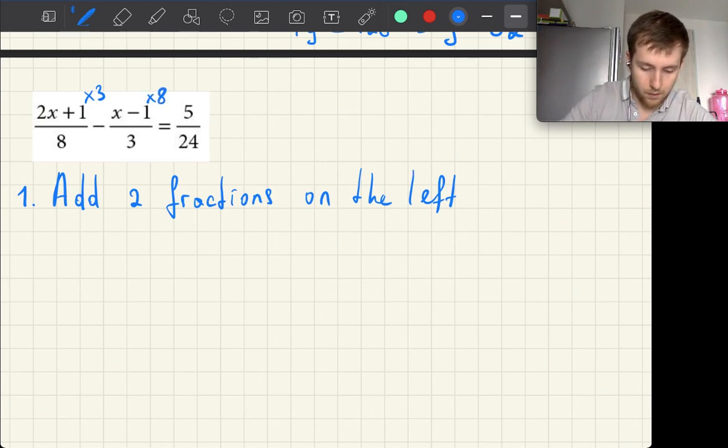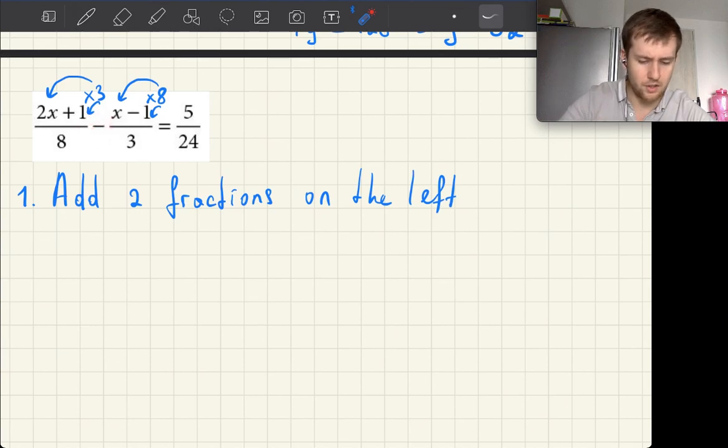So we're going to have 3 times this and 3 times this, 8 times this and 8 times this, and don't forget that there's a minus here in front. Let's just write it like this.